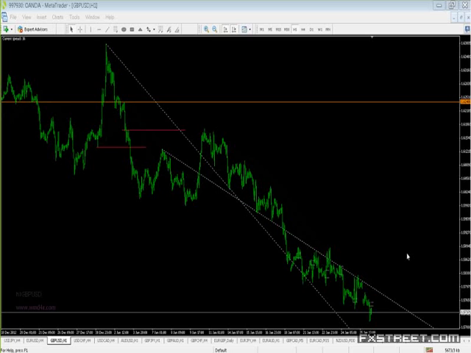We know that the SNB has declared a kind of floor on that, and they look as though they're going to be holding that floor for the time to come, right? So I don't really have an interest in that.